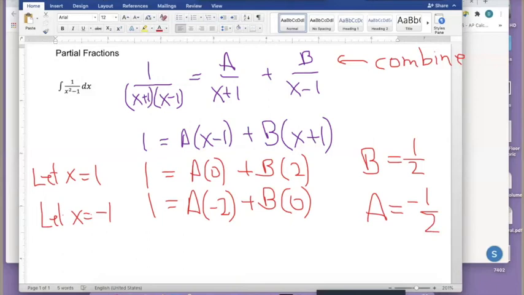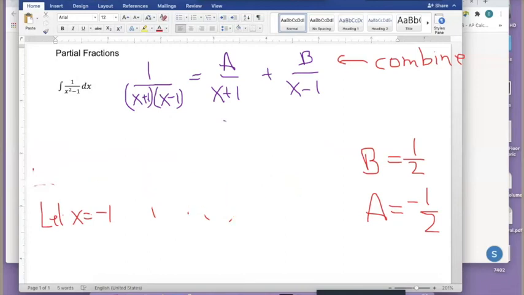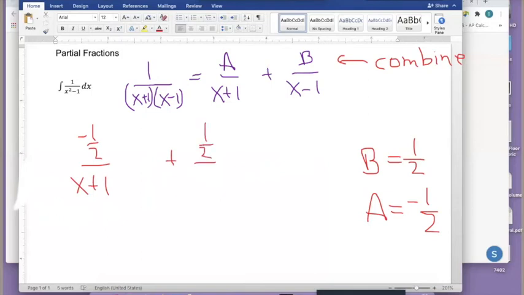Does that work? Well, again, I said never trust anyone over 30. Does it work? We have -1/2 over x plus 1 plus 1/2 over x minus 1.